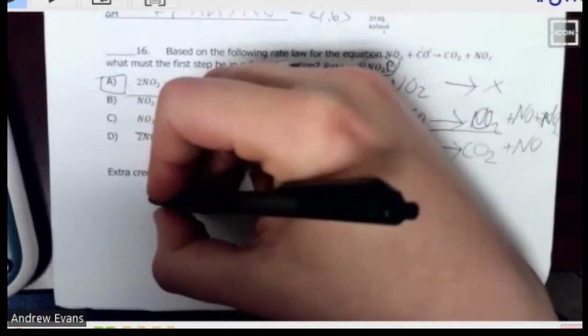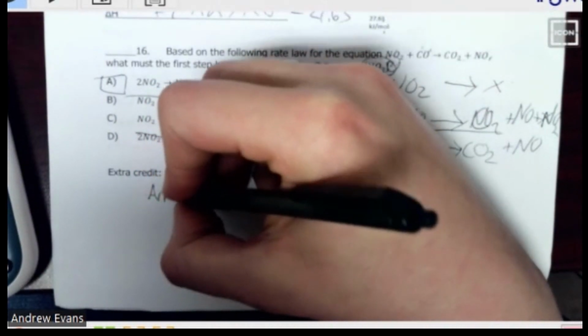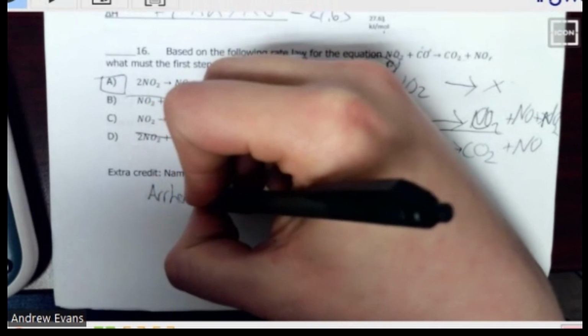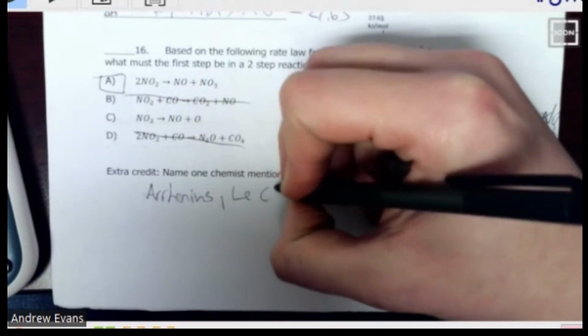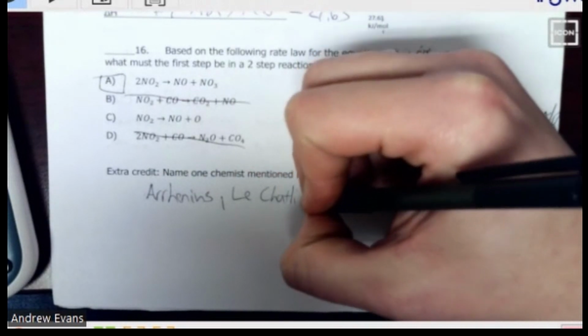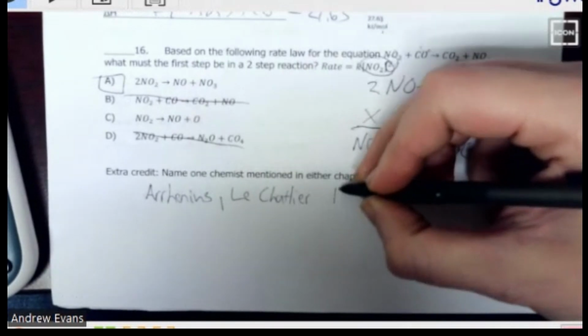Okay, who was named in this chapter? Technically, Arrhenius. Arrhenius was one. Le Chatelier was another. The Haber process.